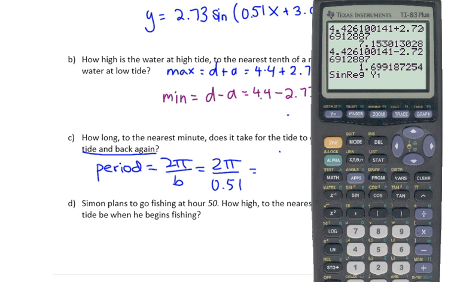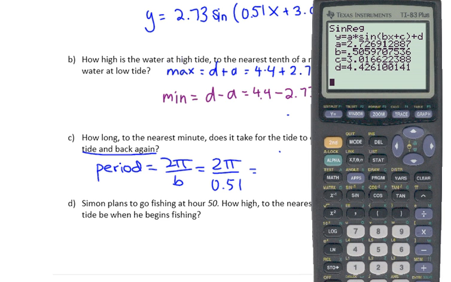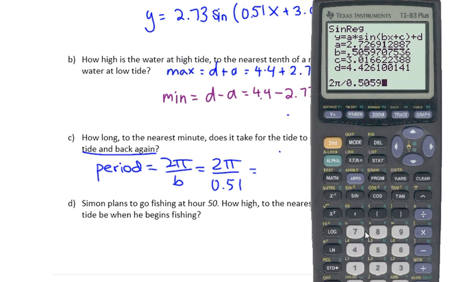Thinking. It was a lot of data I had to regress. Okay, so 2 pi divided by my b value, in this case 0.51. We want to use our exact values always, not your rounded answers. It's kind of tacky to do that. It's not going to give you an accurate answer if you use your rounded. Usually, yes, they're good.